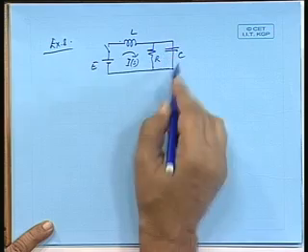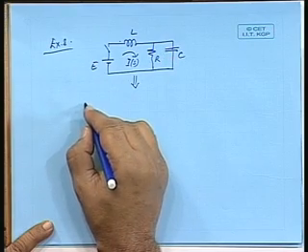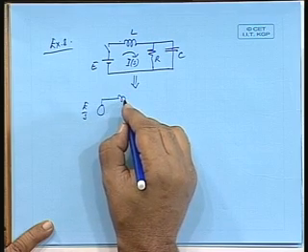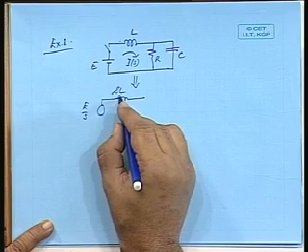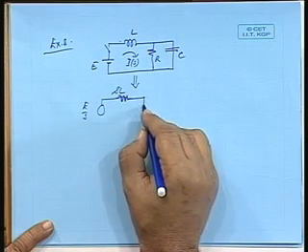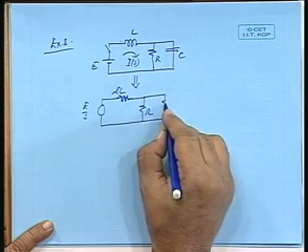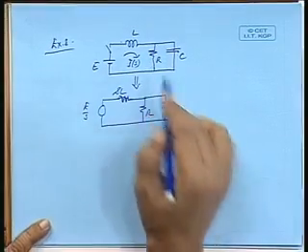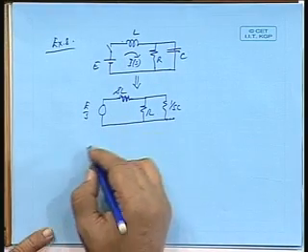So, let us compute the impedance. This can be replaced by E by S, SL, R, 1 by SC, assuming no initial charge is residing here, no initial current was there.